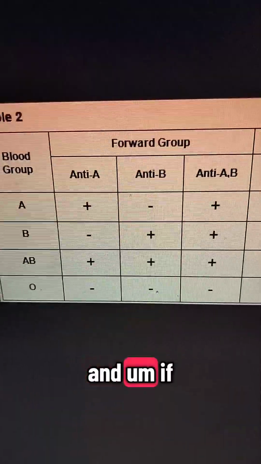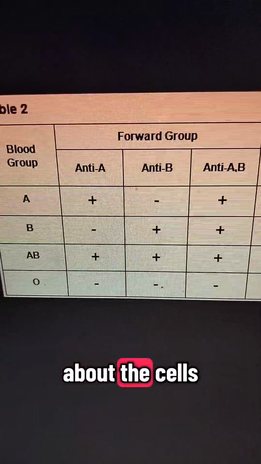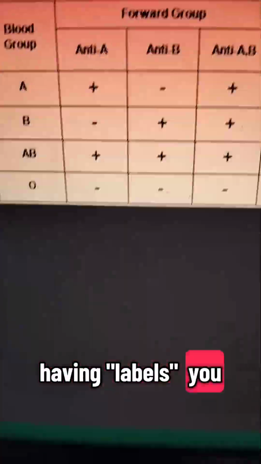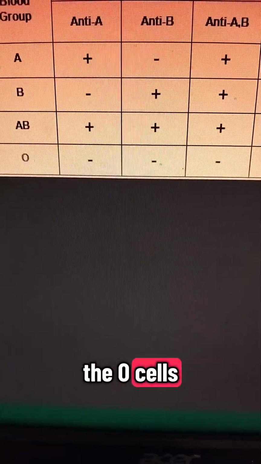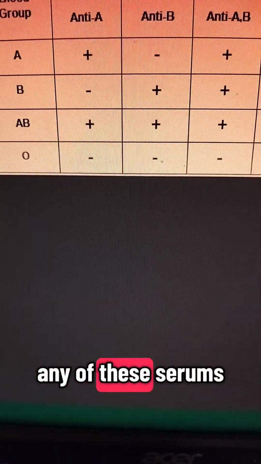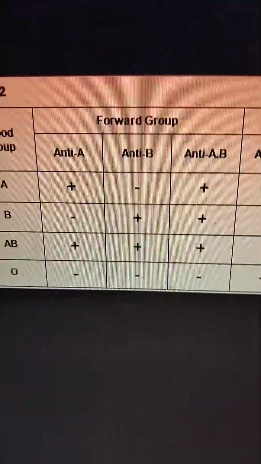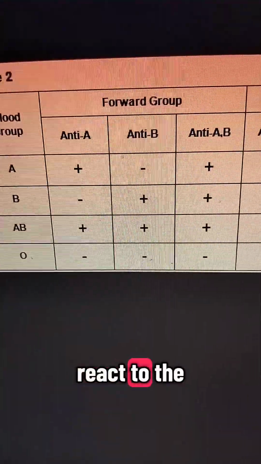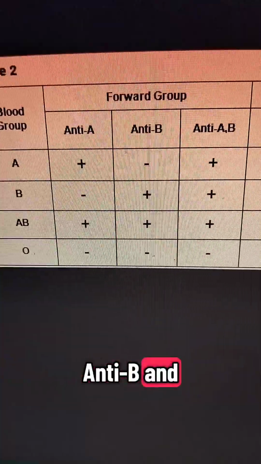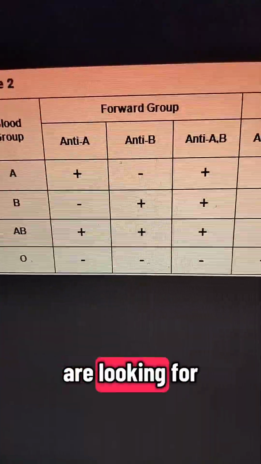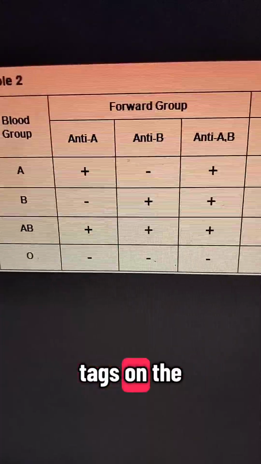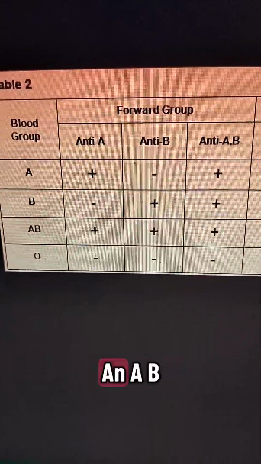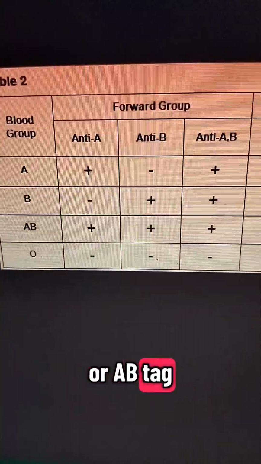And if you think about the cells having labels, you can see that the O cells don't react to any of these serums. The anti-A, anti-B, and anti-AB are looking for tags on the cell surface, an A, B, or AB tag.